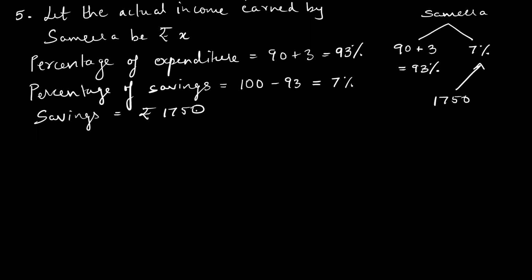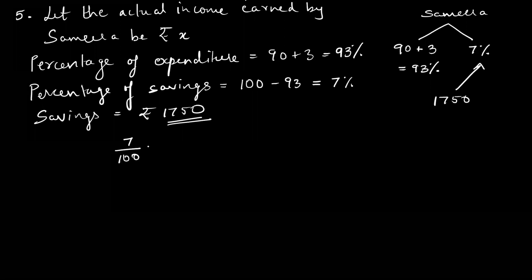After this, tell me, this 1750, is it 7% of X or is it 93% of X? 7%. So what should I write? 7 upon 100 into X is equal to 1750.